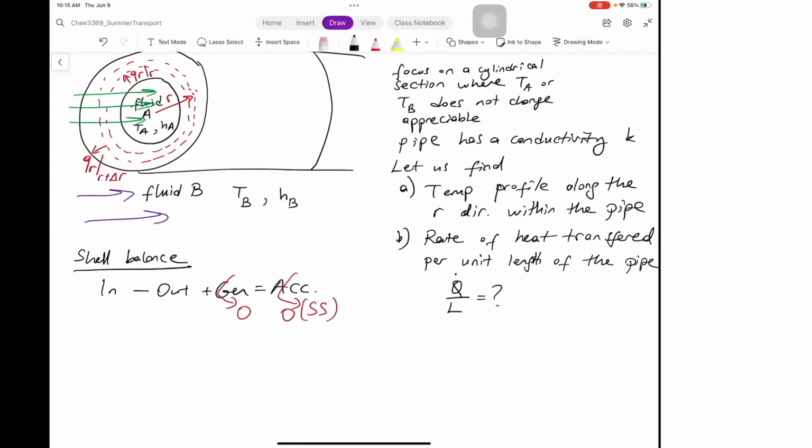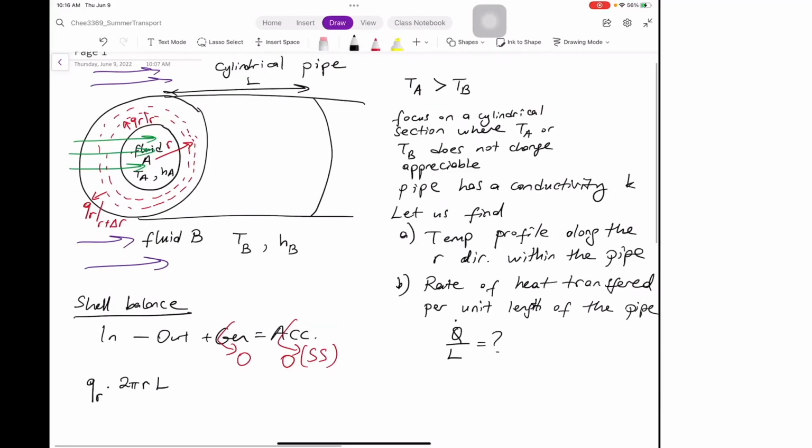Okay, and the amount coming in is the heat flux QR times the area through which the heat flux is passing. It's basically 2 pi r times L. Basically, my QR is penetrating through this shell, which has a length of L and a radius of r.